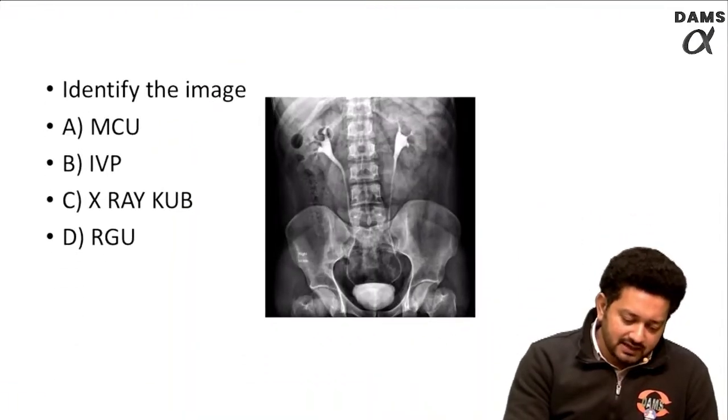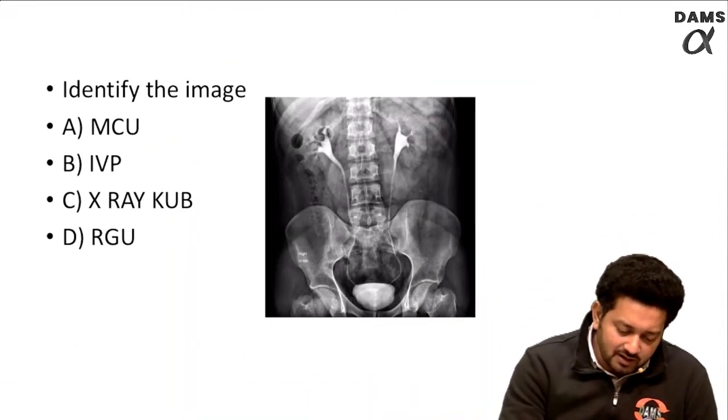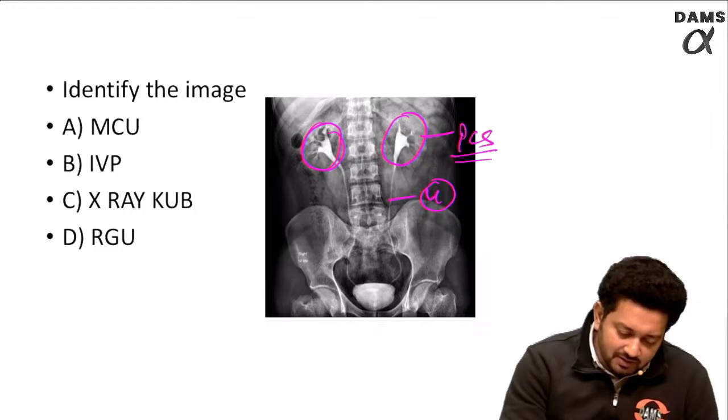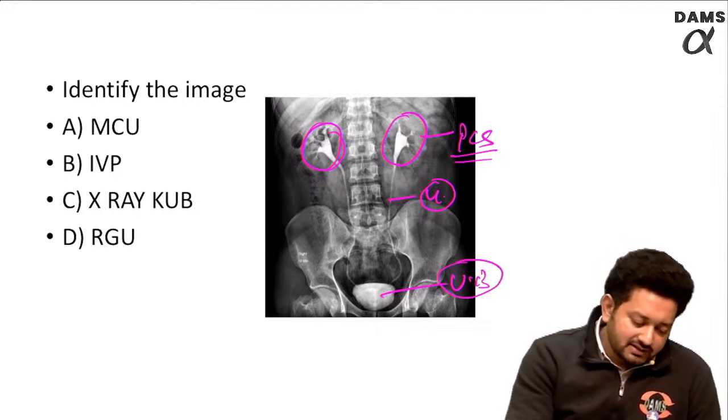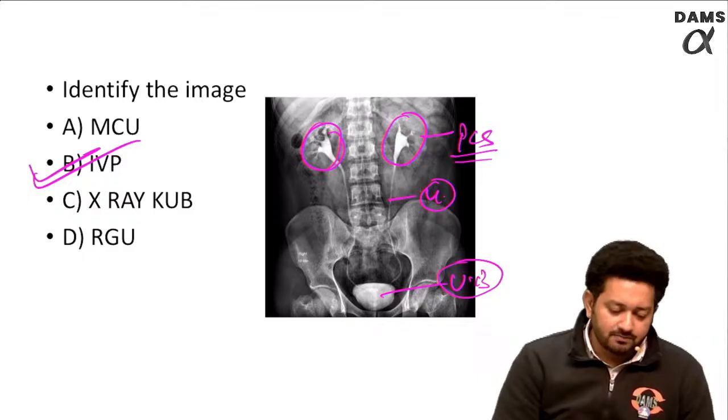Identify the image. Something like this was given, where you can see the pelvic calyceal system, you can see the ureter. This is the pelvic calyceal system in the kidney. This is the ureter. This is the urinary bladder. So this you will see in cases of intravenous pyelogram.